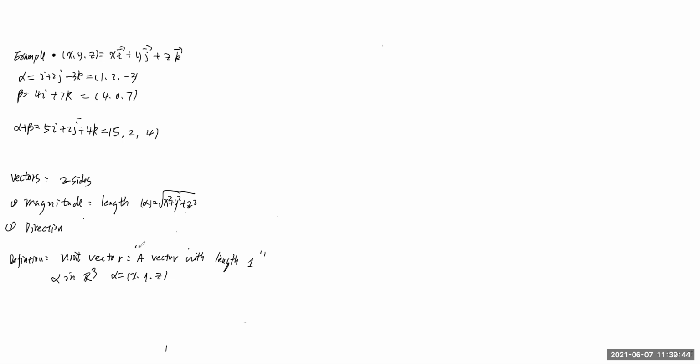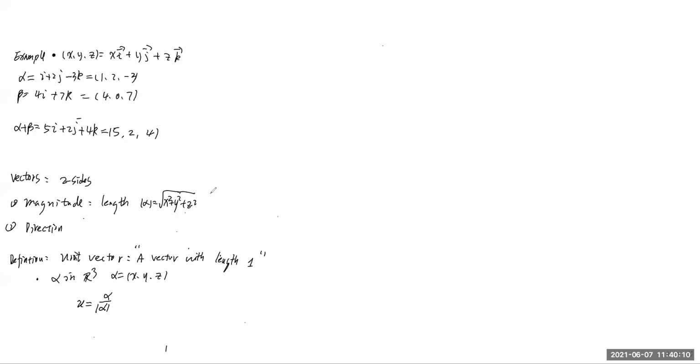Just memorize. For any alpha, we can construct a vector u. This is u equals 1 over the length of alpha, multiplied by alpha. If I write it in this form, alpha cannot be the 0 vector, right? You may say, you didn't tell me what's the 0 vector. Just pretend you know. The 0 vector is a vector whose length is 0.